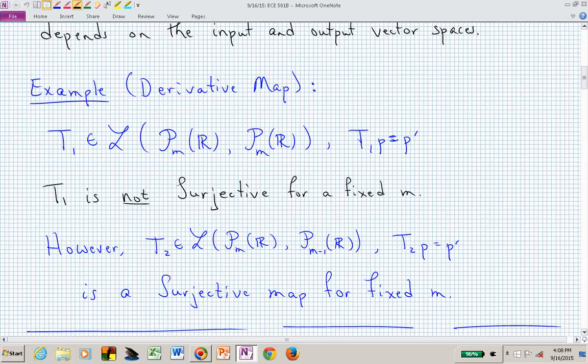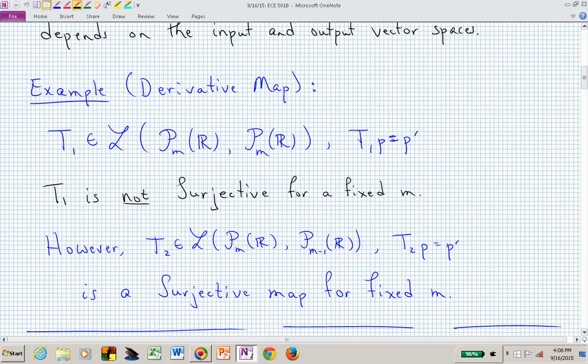But we're free to pick the dimension of W. We can pick W to have dimension m minus 1, one less than the domain dimension. In that case, the map is a surjective map.